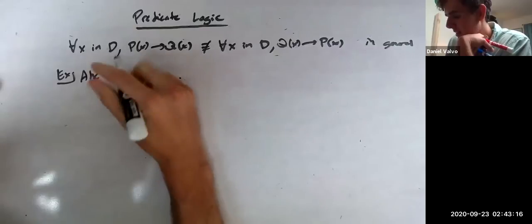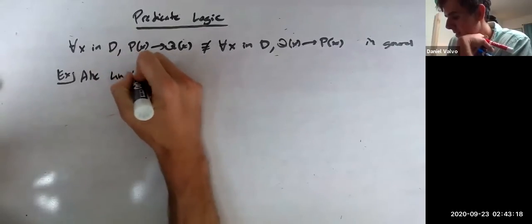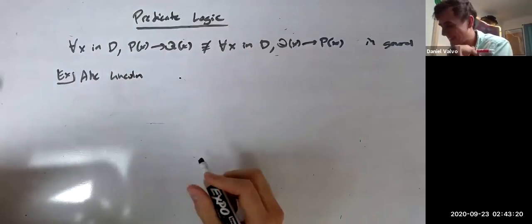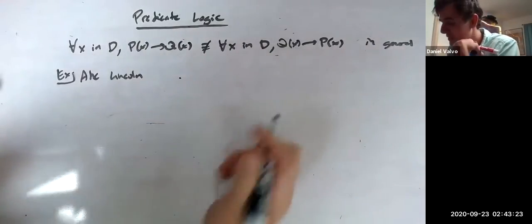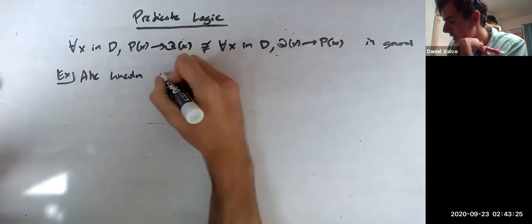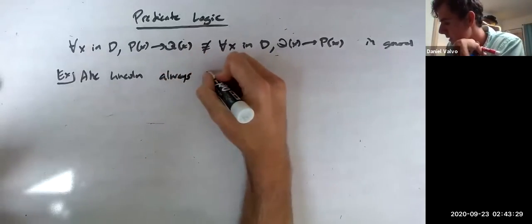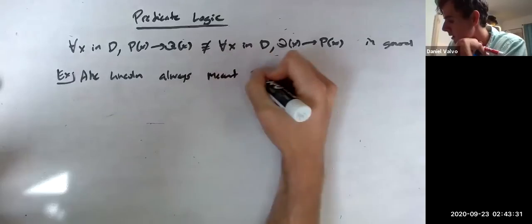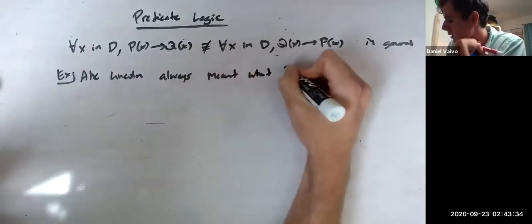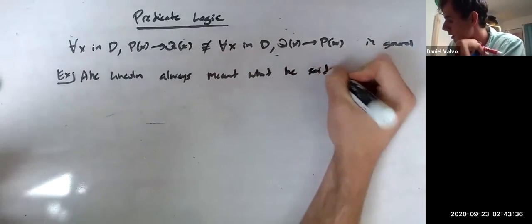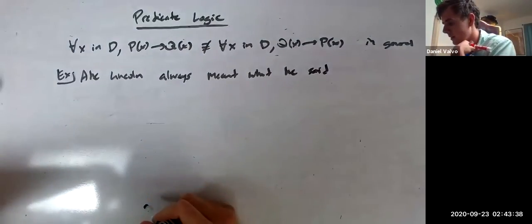Abe Lincoln never told a lie. If we go with that, what that means is that Abe Lincoln always meant what he said, right?